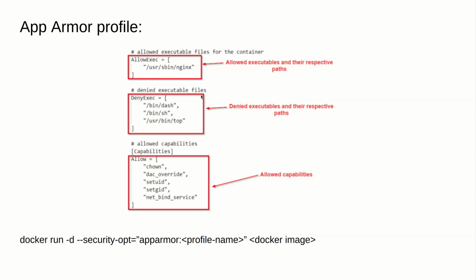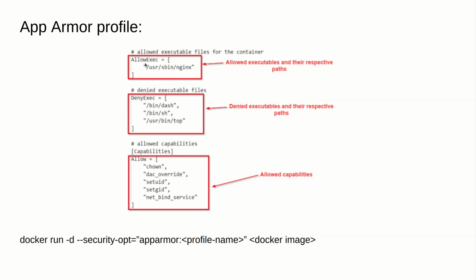Similarly, we can deny some executions of files, which we can write over here, that /bin/bash or /bin/sh are denied to be accessed. And similarly, we can write some capabilities which this particular container can have when this particular AppArmor profile is applied on it.